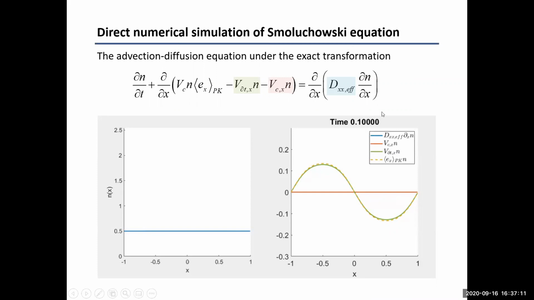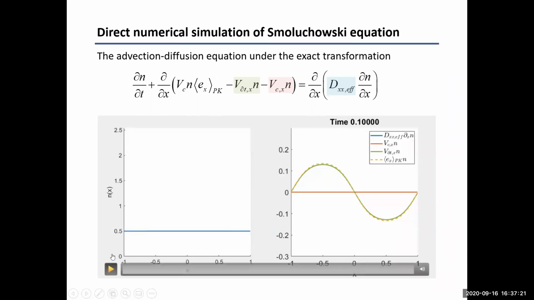This is the advection-diffusion equation directly transformed from the Smoluchowski equation. Here I'm presenting the simulation results. This is the initial distribution of the cell number density, which is uniform in space. And these are the evolution of each term.